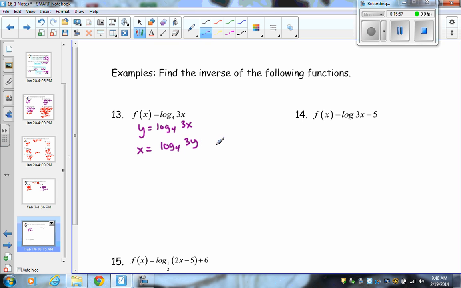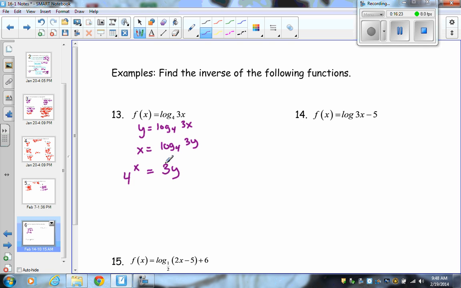And since there's no addition, subtraction, multiplication, or anything going on, now I can just use our rule to convert from log to exponential. So our base is 4, so that's going to give me 4 to the exponent x has to equal 3y. All I did from this step to this step is convert from the log form to the exponential form.